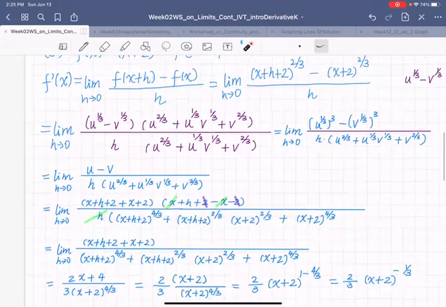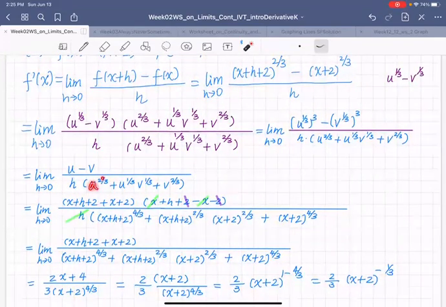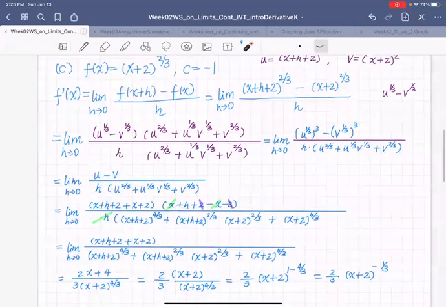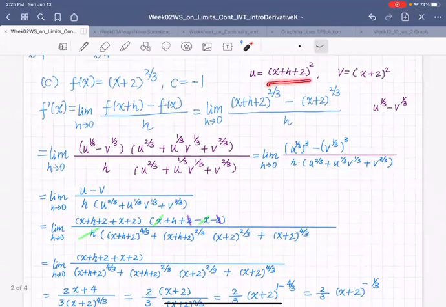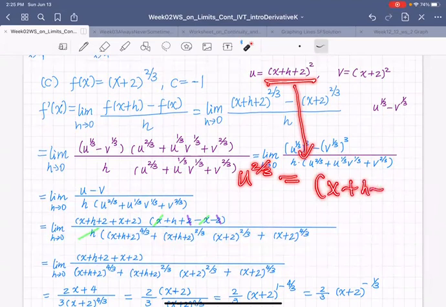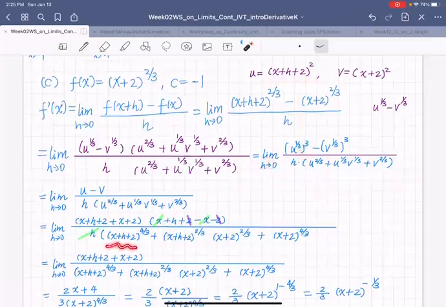So u to the power of 2 over 3 equals that guy squared times 2 over 3, which is 4 over 3. Okay.